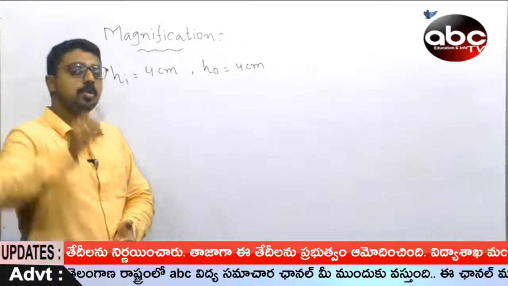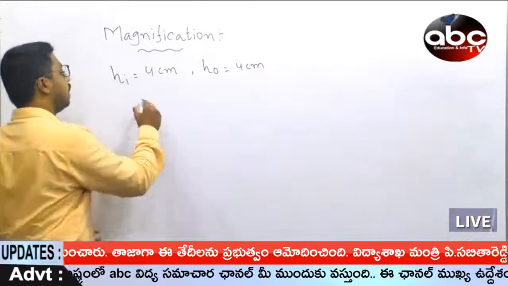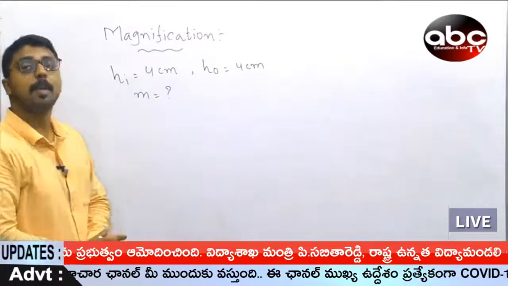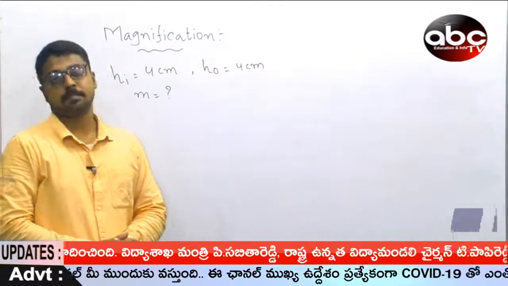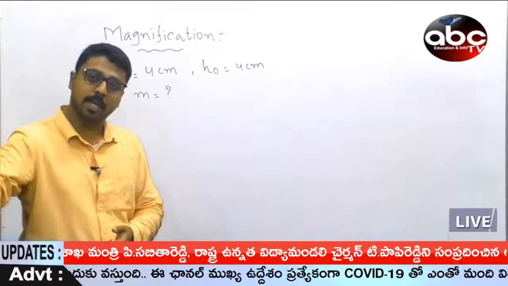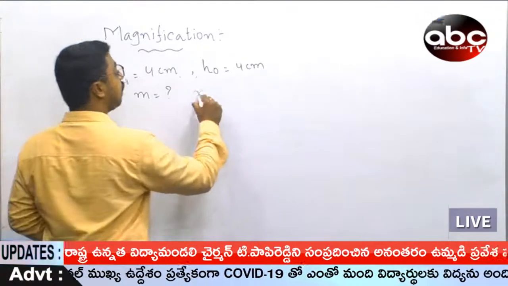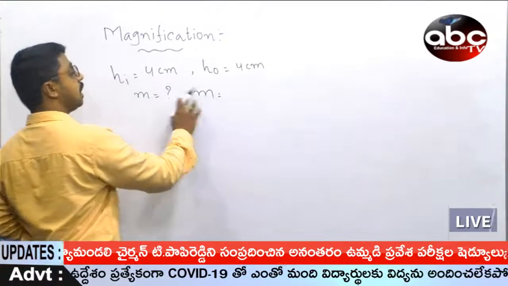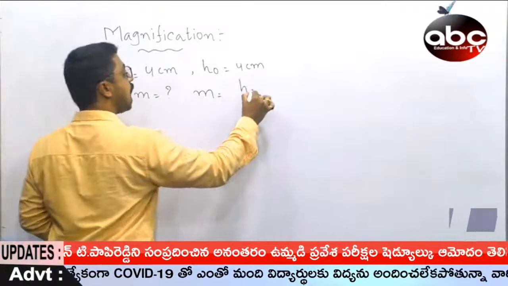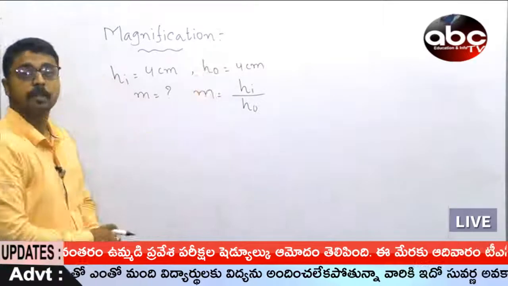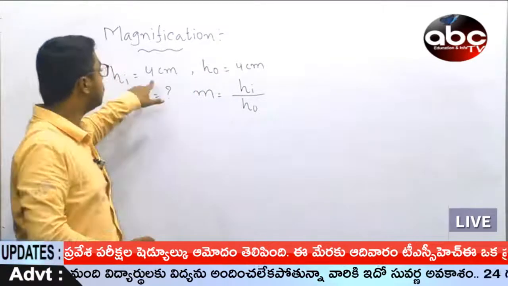Right. So now the question I am asking is, what is the magnification power? How is the magnification power? Both are the same, do not get confused. So we have a formula that m is equal to hi by ho. What is the hi?